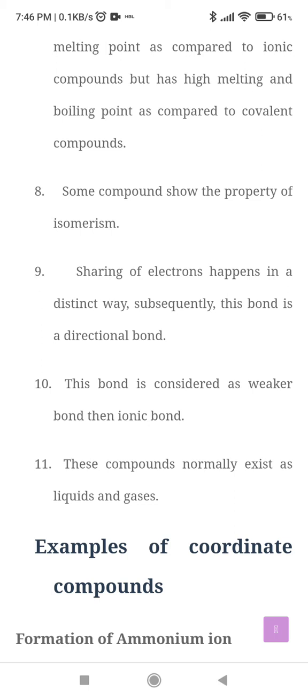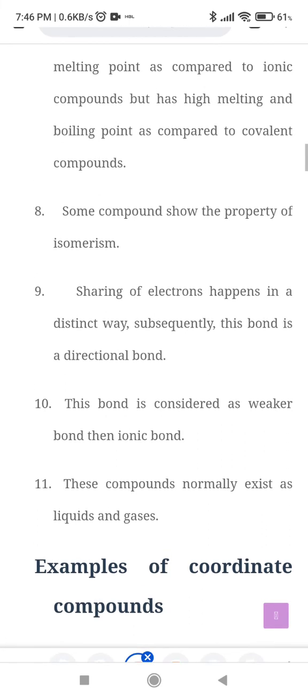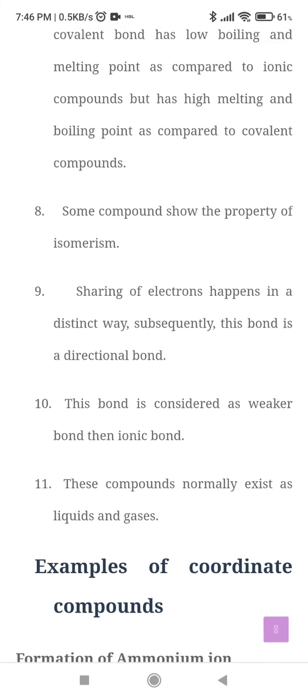Compounds which have coordinate covalent bonds are known as coordinate covalent compounds. These compounds also show the property of isomerism. Sharing of electrons happens in a distinct way. Subsequently, this bond is a directional bond. We can say that this bond is directional because electrons always move from a nucleophile to an electrophile.